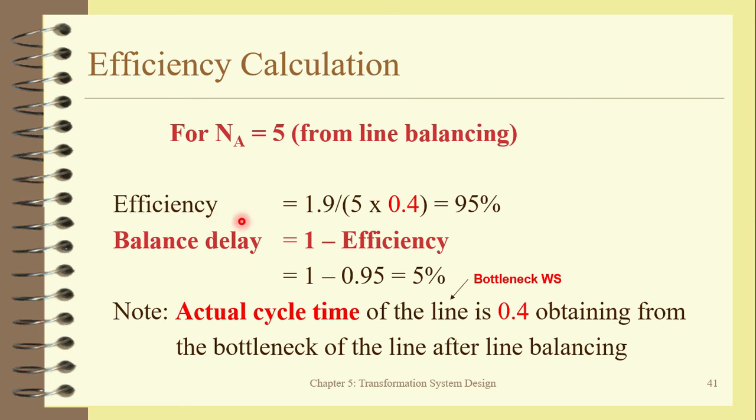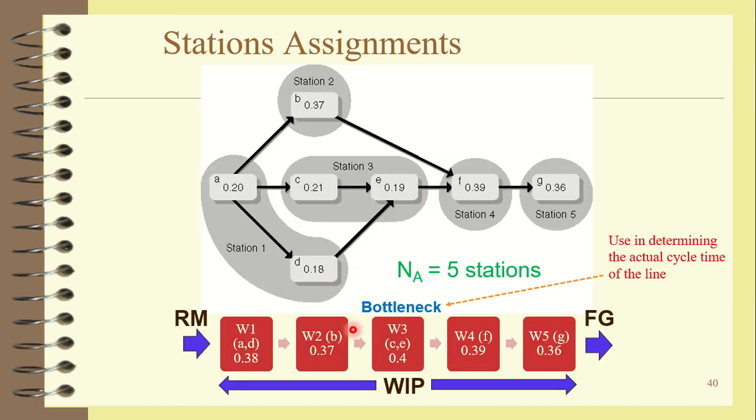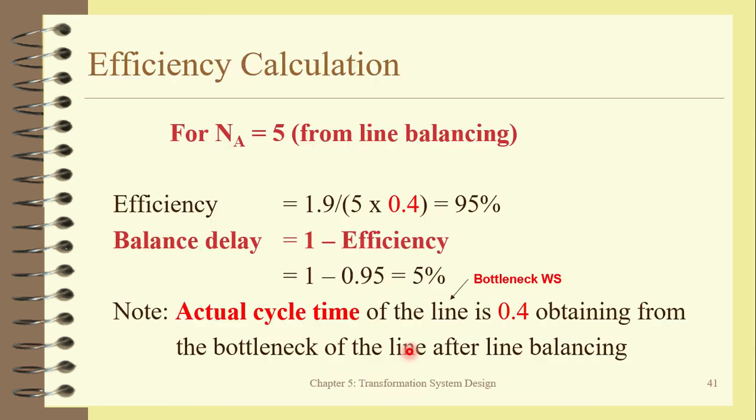and the efficiency here is 1.9, okay, 1.9 is the summation of task time, divided by NA 5, the actual number of workstations, and divided by the cycle time of the line. This 0.4 comes from here, the cycle time of the bottleneck workstation.